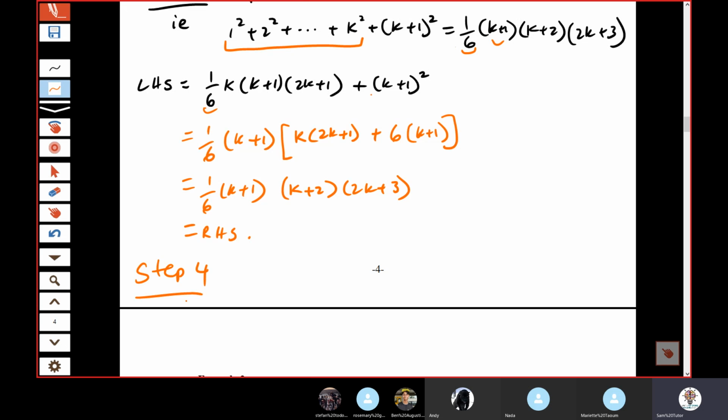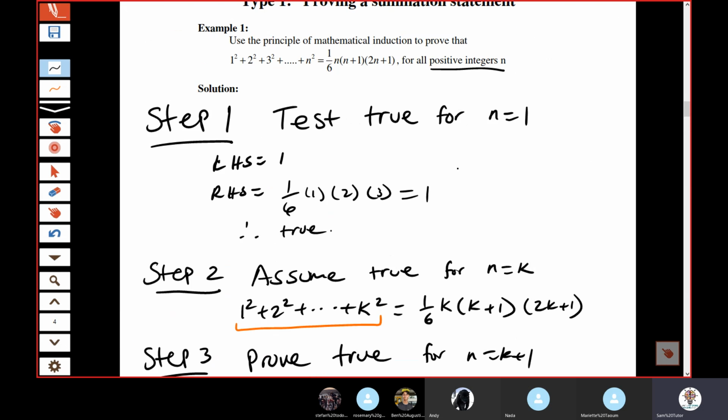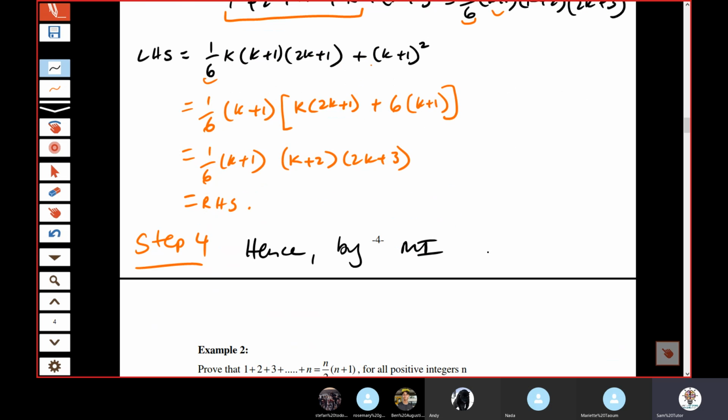So step 4, this is what we want in the HSC. We don't care about step 4 in the HSC.